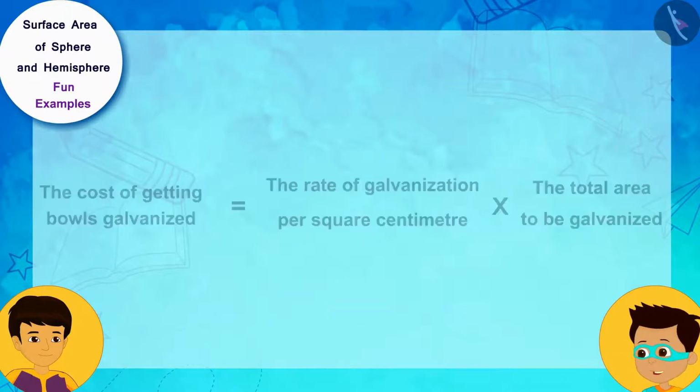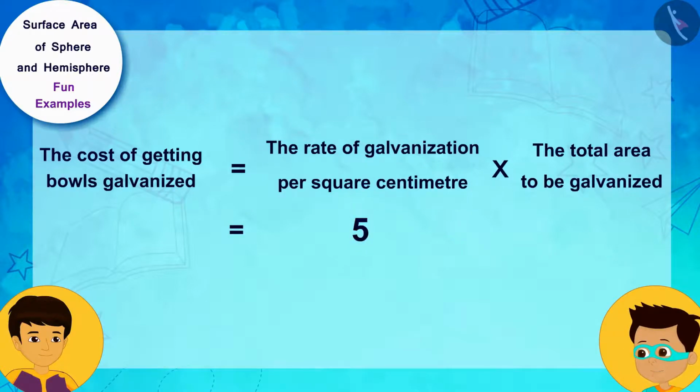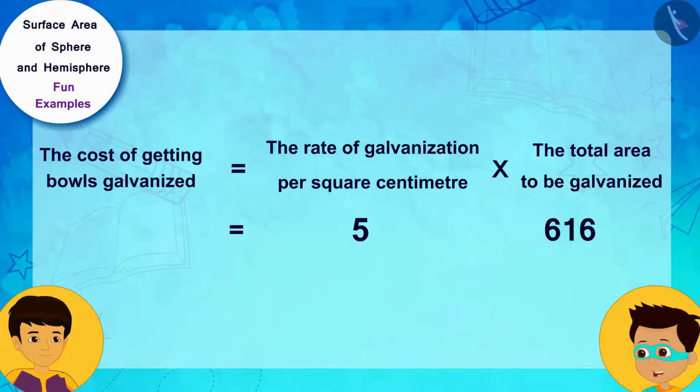Now we just need to multiply the galvanization rate per square centimeter, 5 rupees, by total surface area to be galvanized, 616. Look, Manas, it will take a total of 3080 rupees to get the galvanization done.